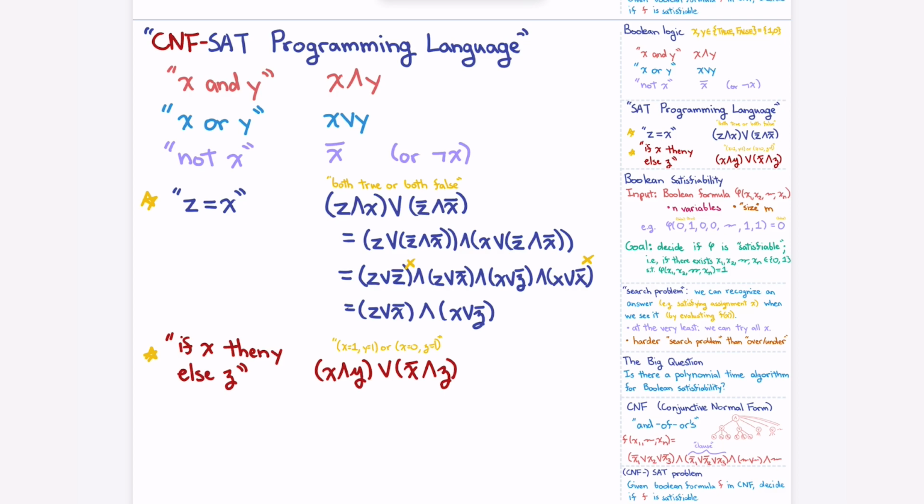Oh, sure. X or not Y? X or Y? Oh, I see what you're saying. Yeah, my handwriting's bad. Okay, I already did this, maybe it's not so interesting to do.